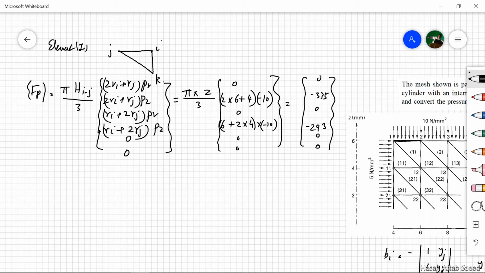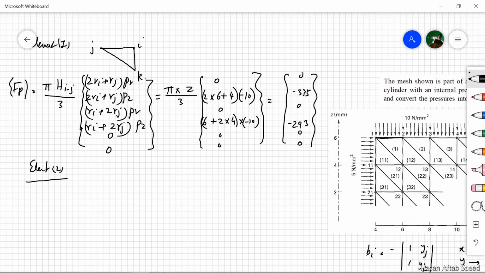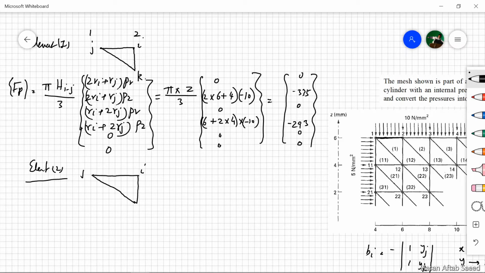Now come to element 2. Similarly, calling this I and J node in the same scheme, for element 1 it was nodes 2 and 1 that were important. For element 2, the I and J nodes will be 3 and 2 respectively. So again, using the same scheme, here this is element 1, so you could differentiate between the elements. Now again, the same equation, so I'm not going to write the equation again.